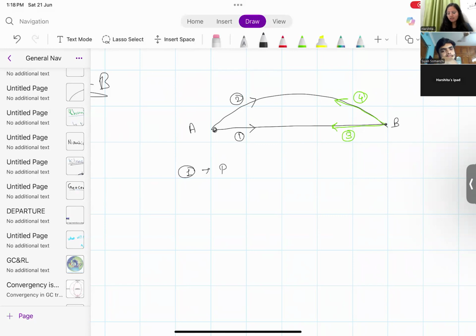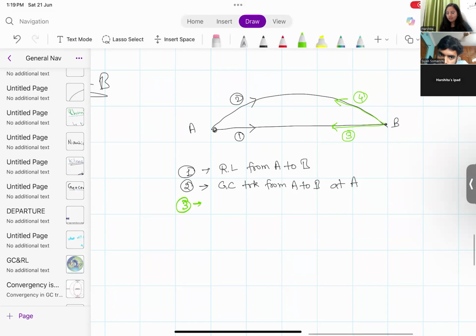One here is rhumb line from A to B. Two here is great circle track or bearing from A to B measured at A. Three here is rhumb line from B to A. Four here is great circle track from B to A, right? From direction B to A it is going, at B.